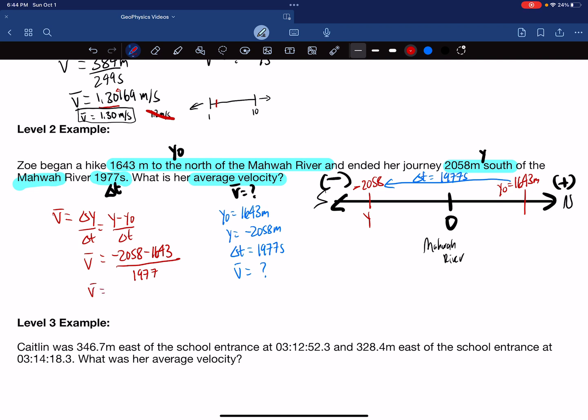And then when we do the numerator first, we end up with minus 3,701 meters all over 1,977.